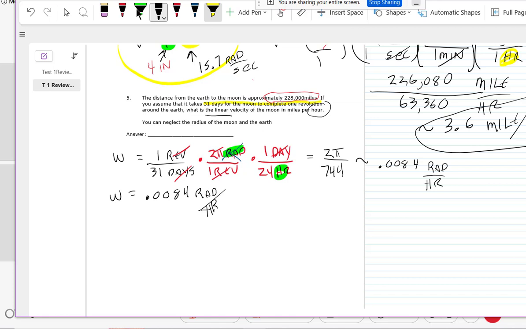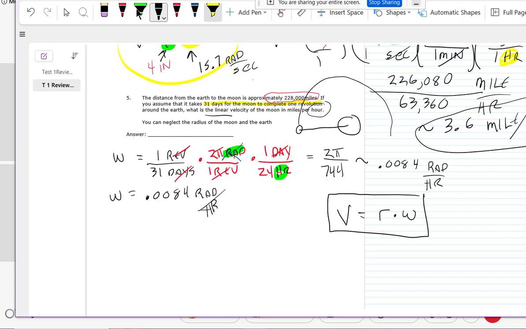Okay, well, remember, if you know the radius and you know the angular velocity, that will be the formula we need to use. Because what's happening in this problem is you've got the moon and you've got the Earth. This distance is the radius.